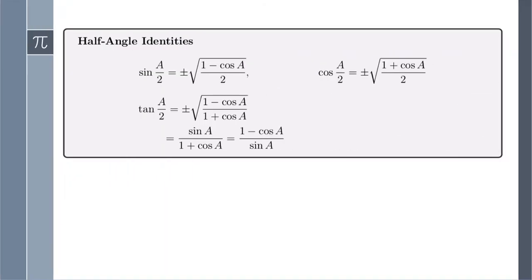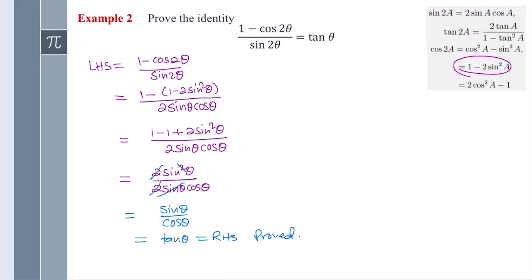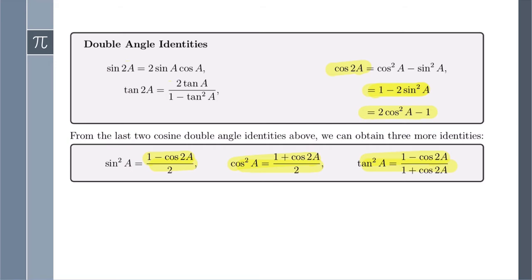Now let's look at half angle formula. Half angle formulas are obtained from the double angle formula. If we go back here, using this, we can get the half angle formula. So from here we have sine A equals the square root of 1 minus cosine 2A over 2, and then we get positive or negative.